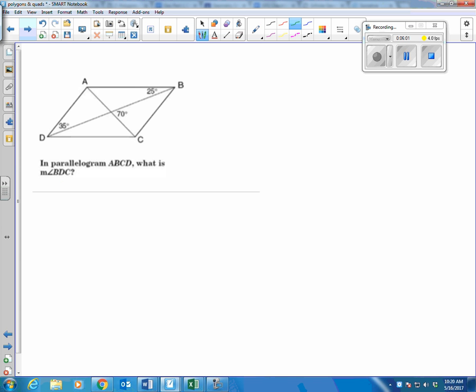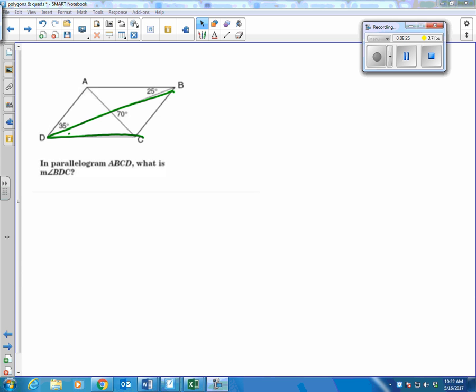All right, and question 4, it says in parallelogram ABCD, what is the measure of angle BDC? So remember, when we do our 3-letter angles, BDC, we're talking about this angle right here. If this is a parallelogram, and I know this middle angle is 70, I also know this is 70, this angle is 110, and this angle is also 110.